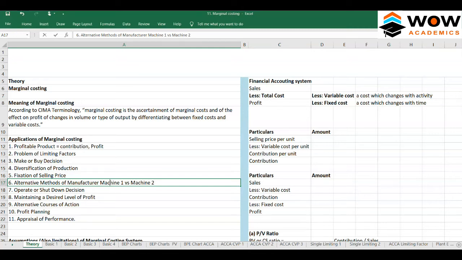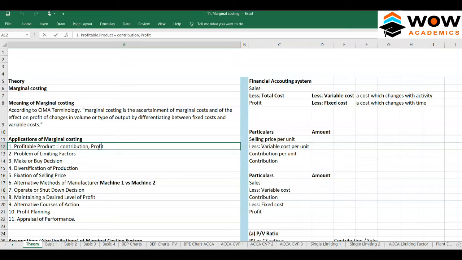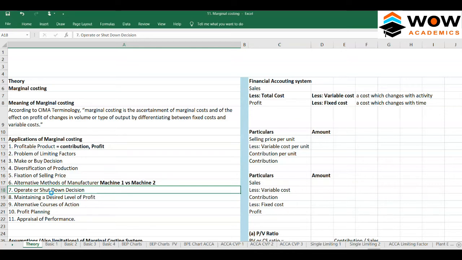Okay, machine 1 versus machine 2. So if you want to take that kind of a decision, then also marginal costing is useful. And operate or shut down. Should you continue the business or should you shut it down for a temporary period?